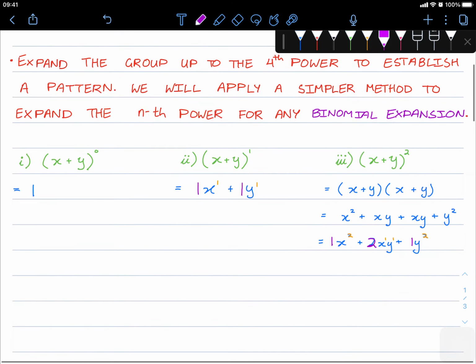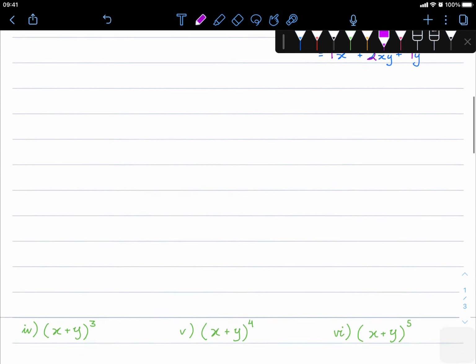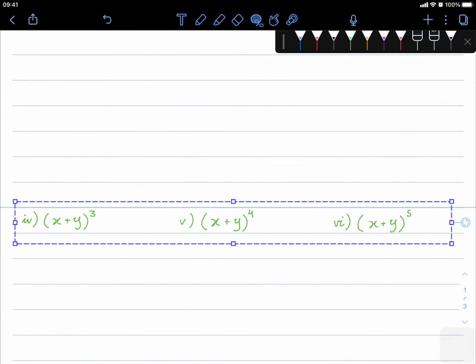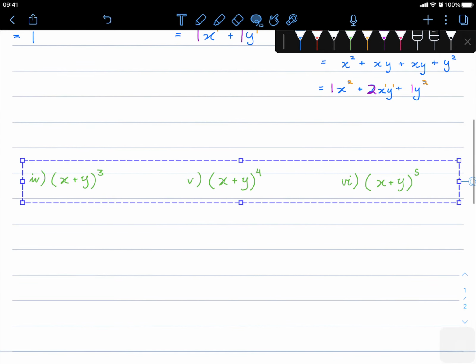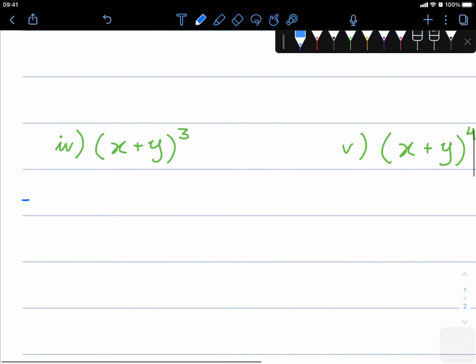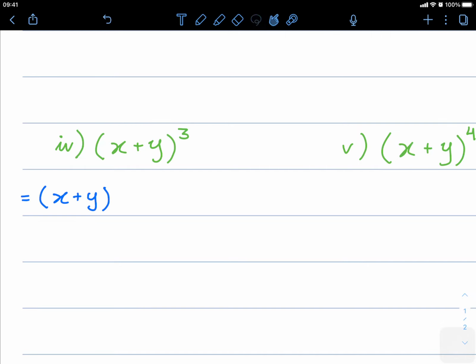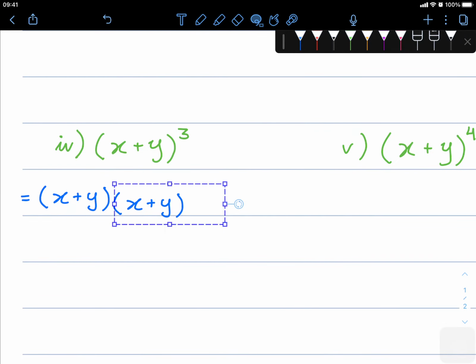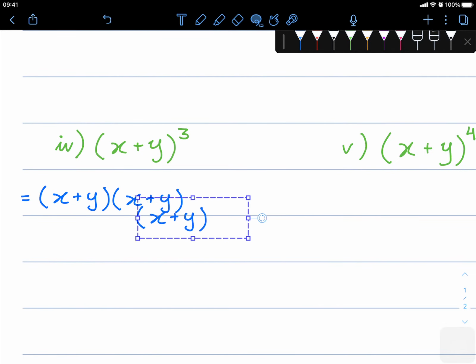Okay, let's keep moving on to the next one. Let's move these up. These are going to get slightly more difficult, but we'll proceed as follows. This literally means three groups of x plus y, like so. 1, 2, and 3.